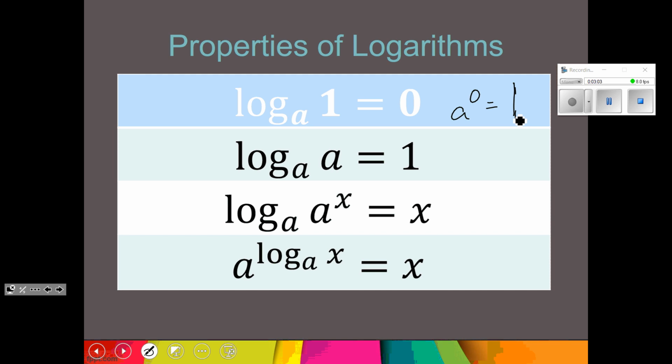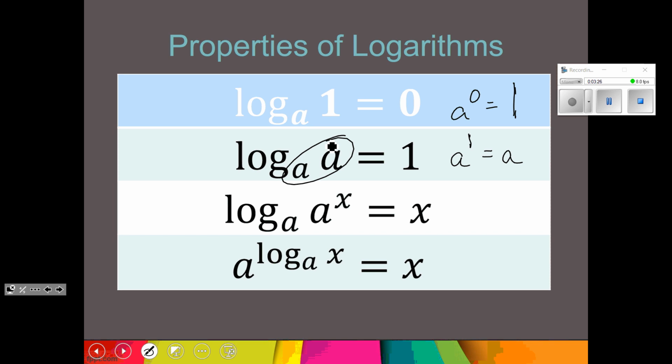We know anything to the 0 power is 1. So when you have the log base anything of 1, that's always equal to 0. Just the opposite of that, same thing here: log base a of a is equal to 1. And that makes sense to us because a to the 1st power would equal a. So if the bases match, that means it's going to be to the 1st power.